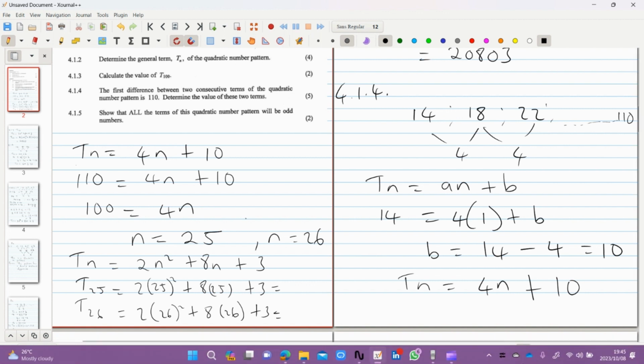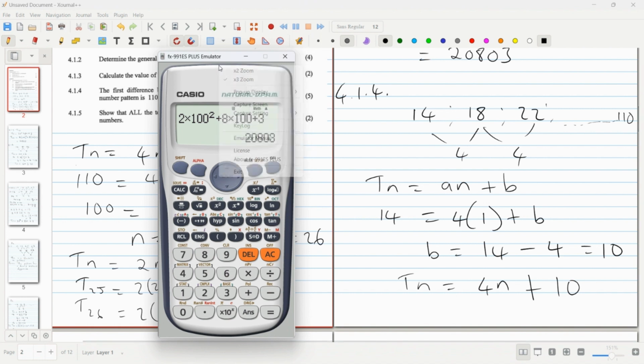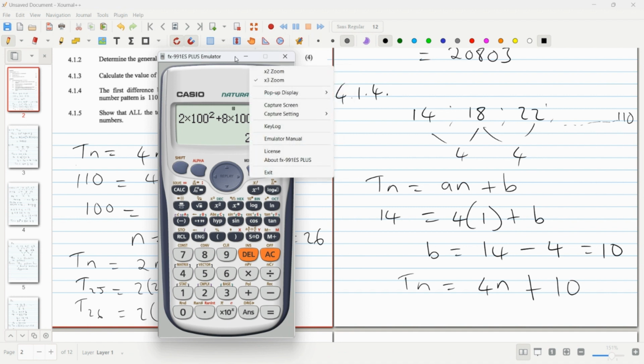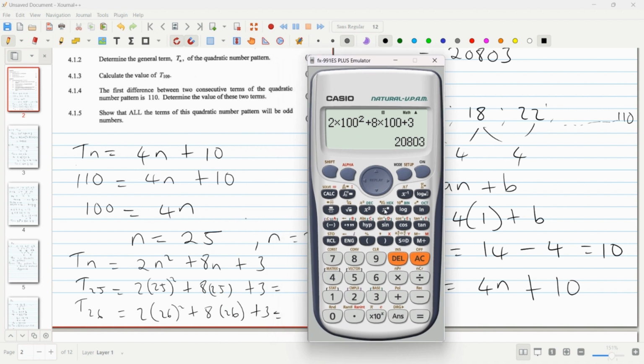So for the first one, go to your calculator. So we have for the 25, 2 times 25 squared plus 8 times 25 plus 3.